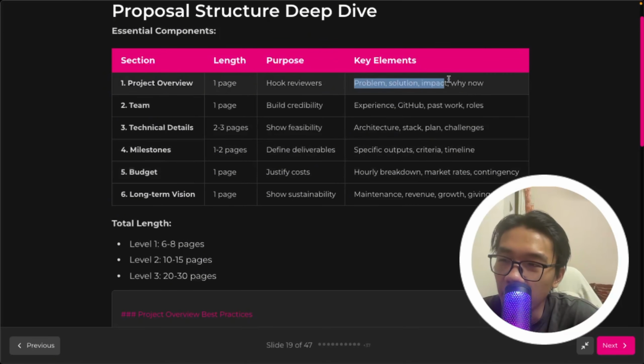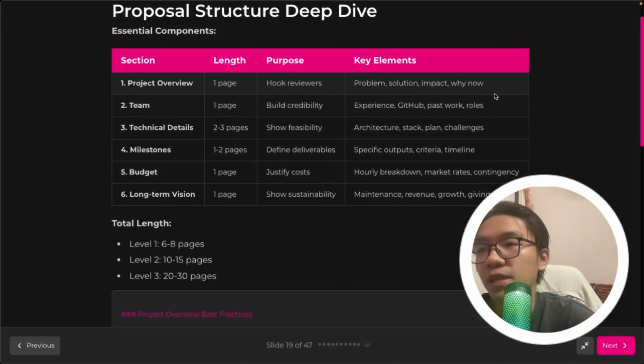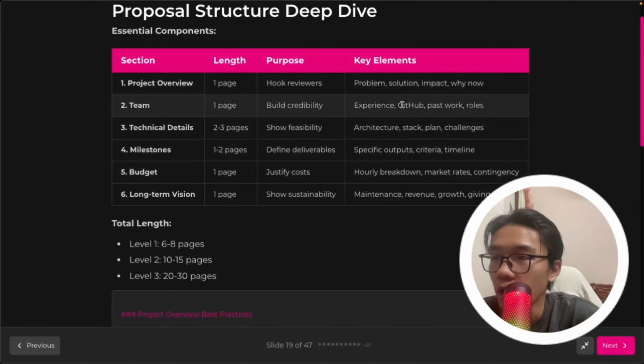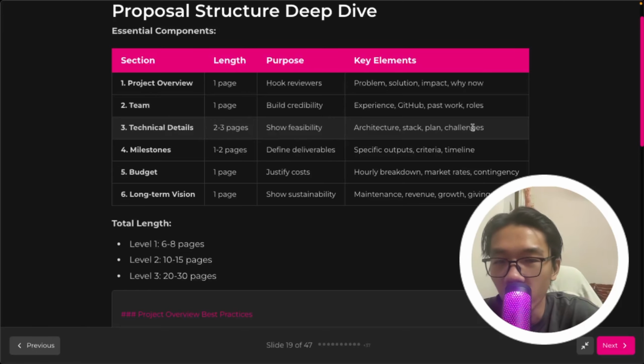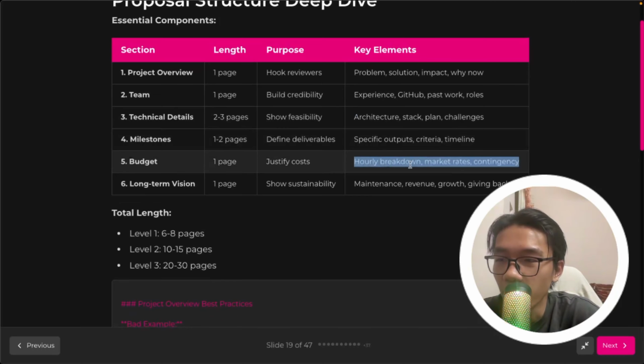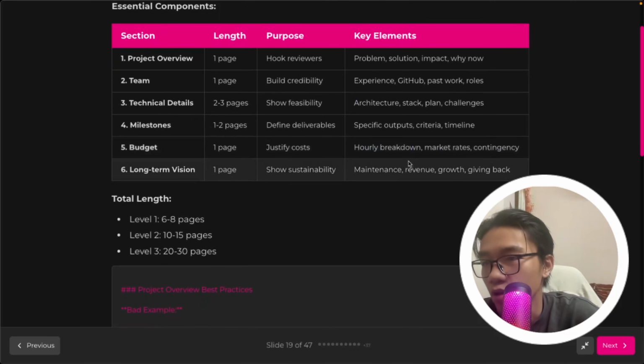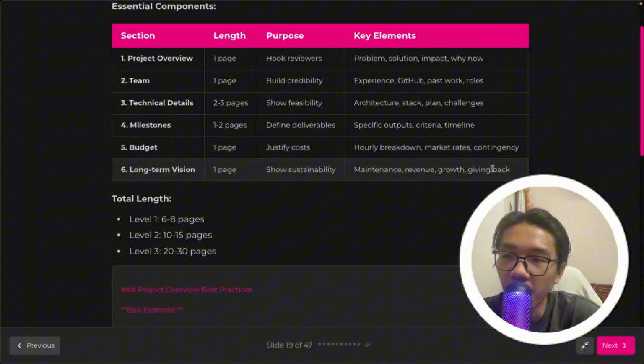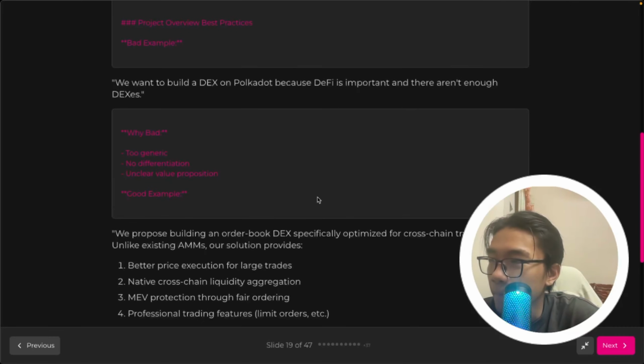There's also a deeper part of each section focusing on the key elements: the problem, the solution, the impact, and why now; or experience, GitHub, past work, and roles; architecture, stack, plan, challenges, specific output, milestone timelines, or hourly breakdown, market rate, contingencies, maintenance, revenue, roadmap, or giving feedback.